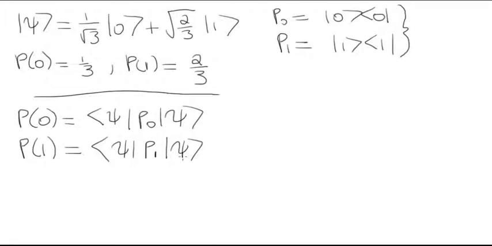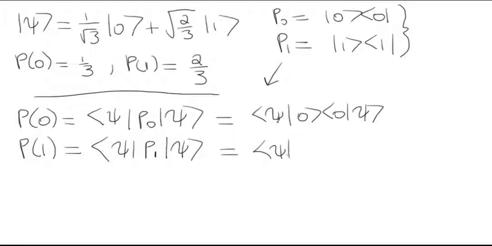Now, let's look at this further. If we expand this explicitly, we're going to see the actual definition that we had from the last lecture. Let's put in these particular values into these equations. P0 is the outer product of 0, acting on psi. Same down here, except now we have the outer product of 1, acting on psi.